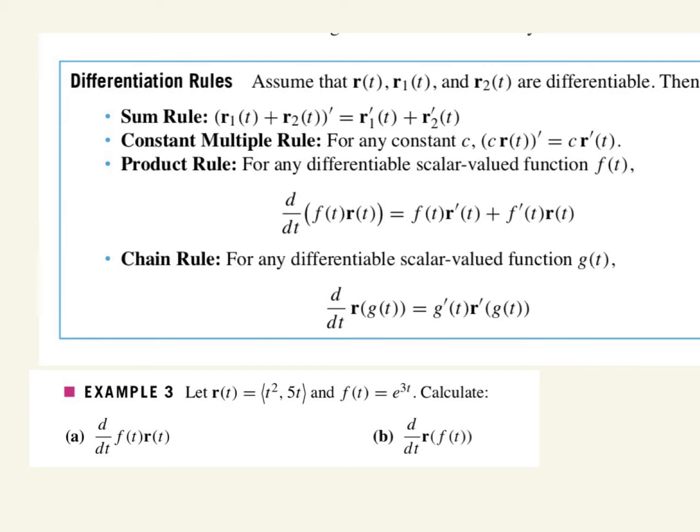Okay. So, give you guys a second, but we're looking at r and f. So r is t squared comma 5t. F is just the function e to the 3t.